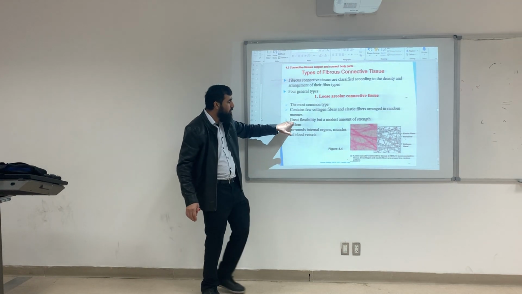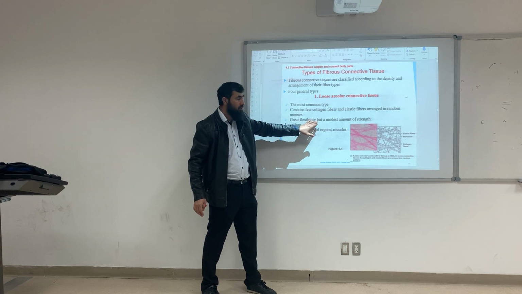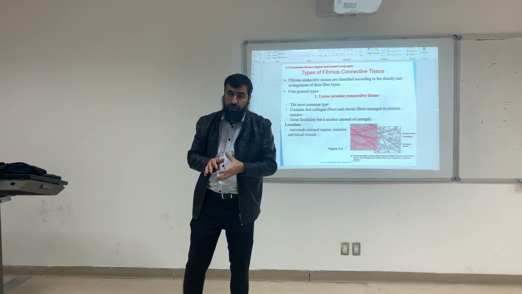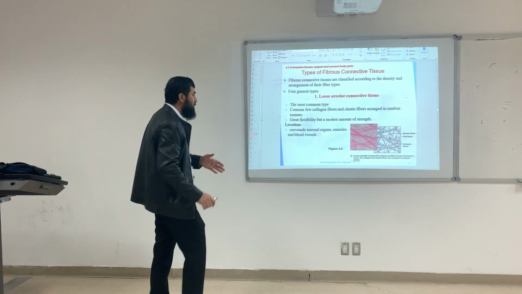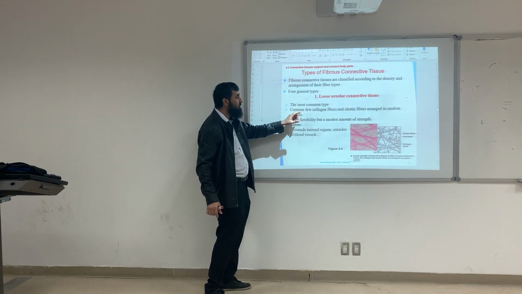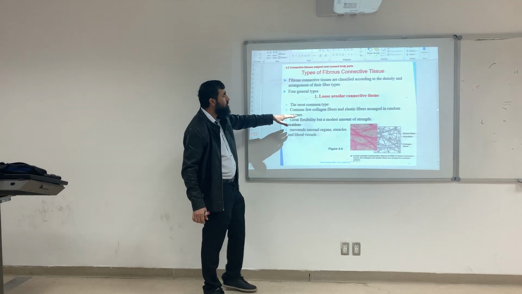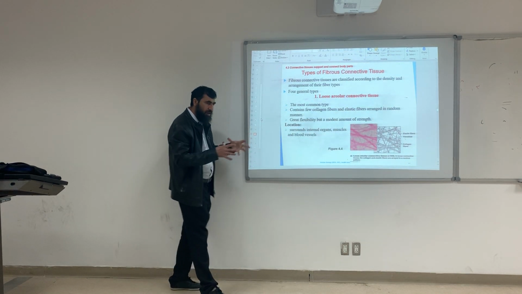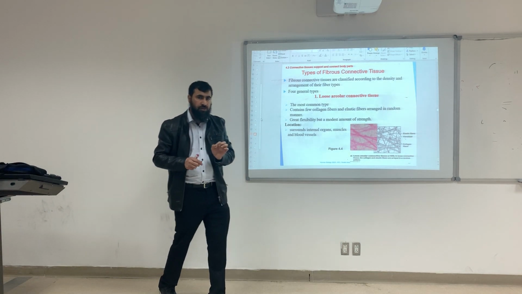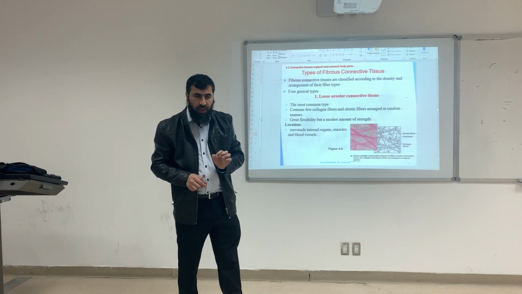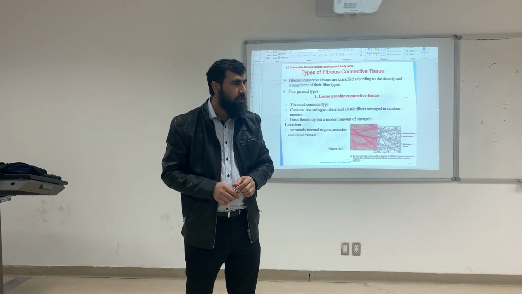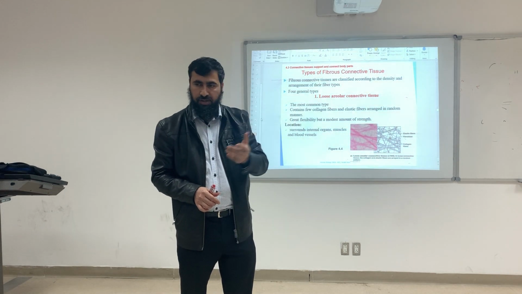These give very good flexibility, but the strength is medium, not as strong as the collagen fibers, okay? It doesn't have a lot of collagen fibers, it has more elastic fibers. It gives it more flexibility, and in loose connective tissue, the fibers are not arranged in a particular pattern. They're random fibers, okay?